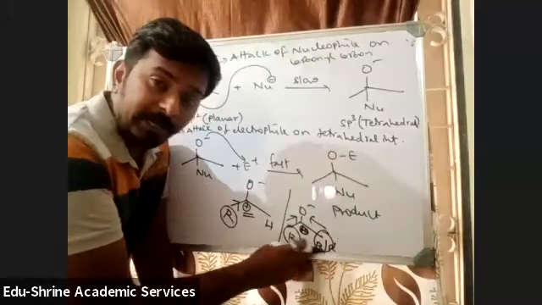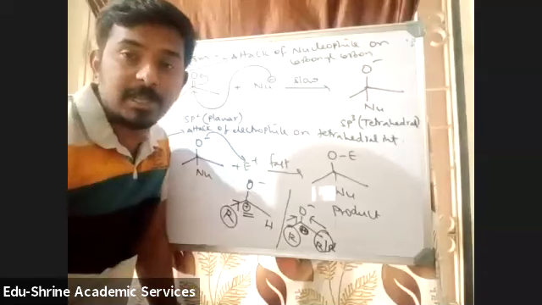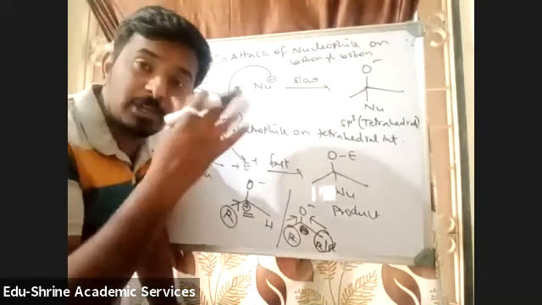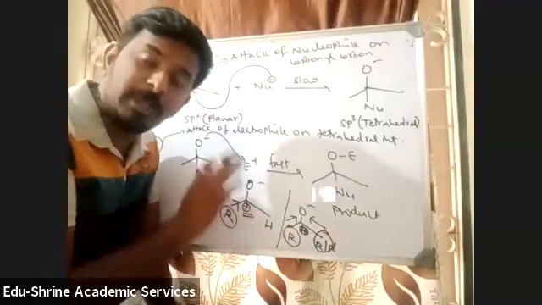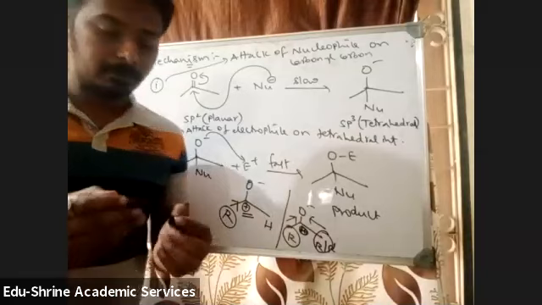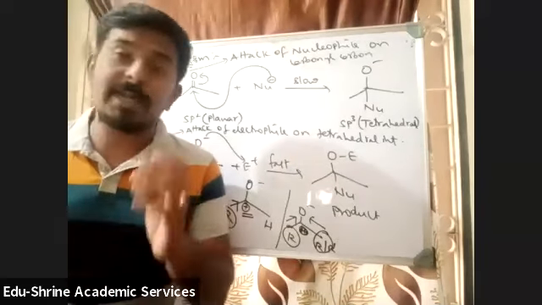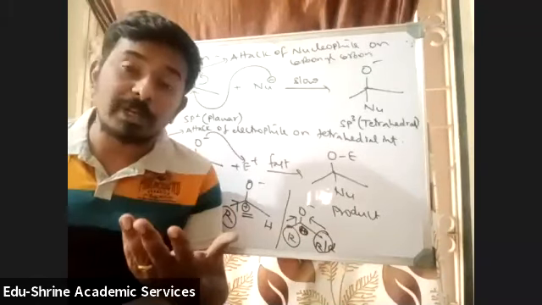Whenever there is more positive inductive effect, the positive charge will be neutralized easily. So here the positive charge will not be available for the attack, but in aldehyde, to some extent, it will be available when compared to ketones. So aldehydes will be more reactive towards nucleophilic addition when compared to ketones.